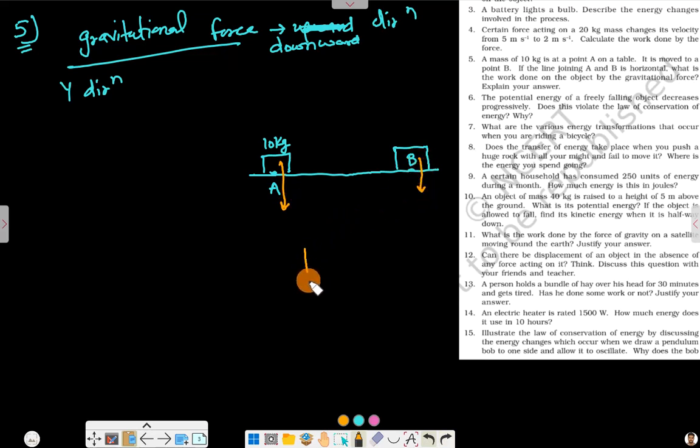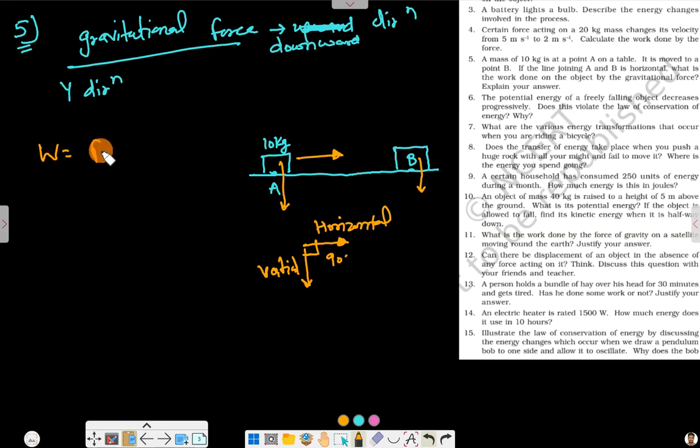So force is in this direction and displacement is happening like this. Displacement is horizontal, force is vertical, or minus y. Angle is 90 degrees. So if theta is 90 degrees, what is work?